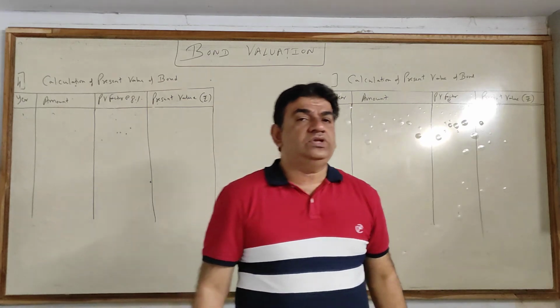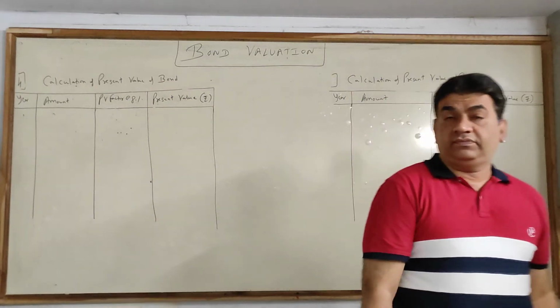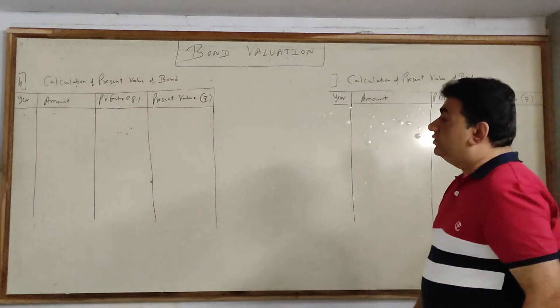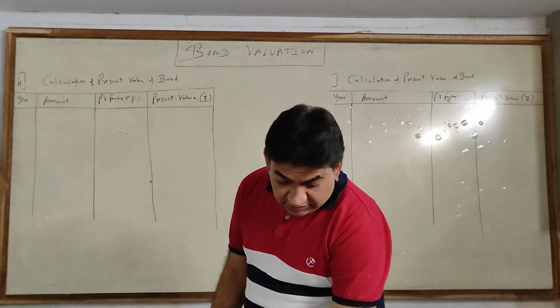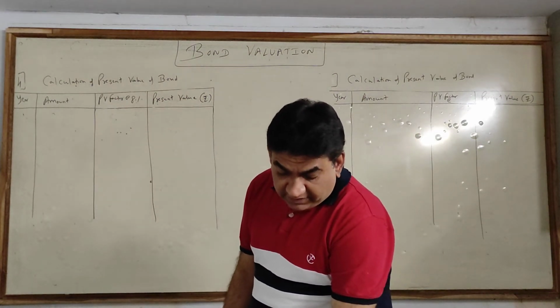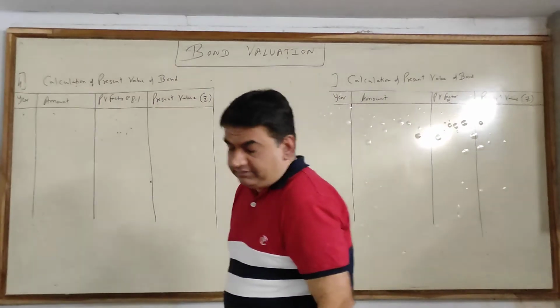As I told you, simple calculation. Only thing is the conclusion will differ. Let's see. 10,000 is my face value. Maturity period 5 years. Rate of interest 7%.